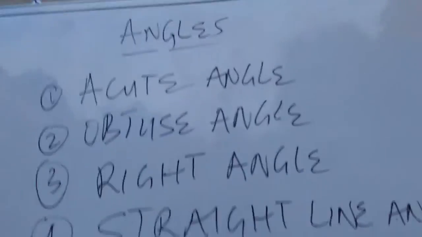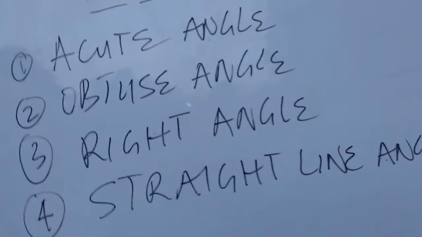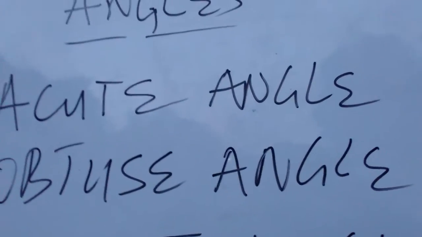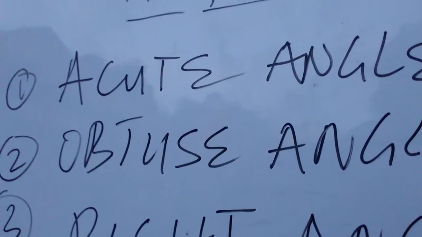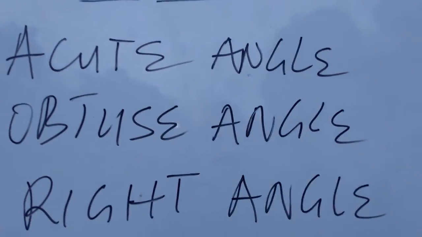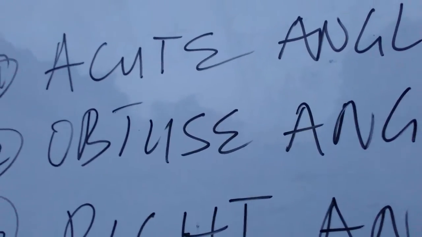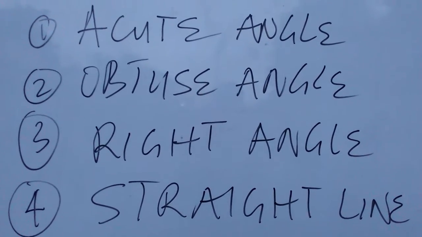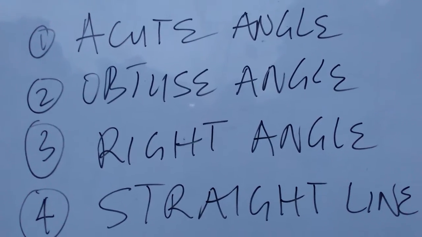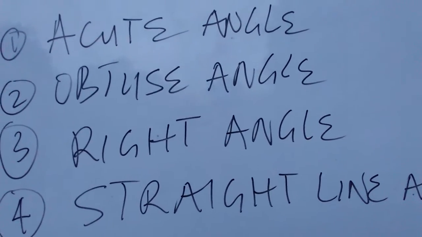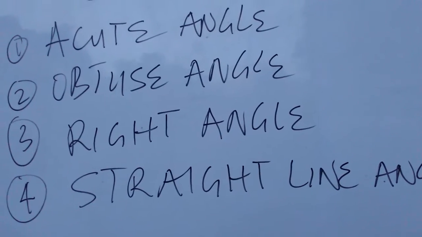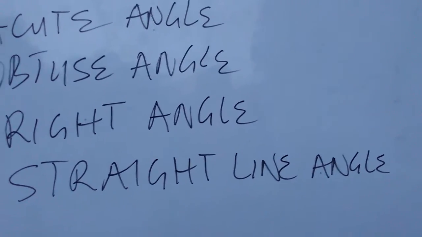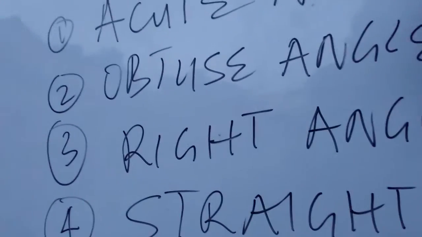So like I said, the angles are areas that two lines meet. So where two lines meet, an angle must be formed. They will form an angle. Then we have the acute angle, that is the types of angle, the obtuse angle, the right angle, and the straight line angle.